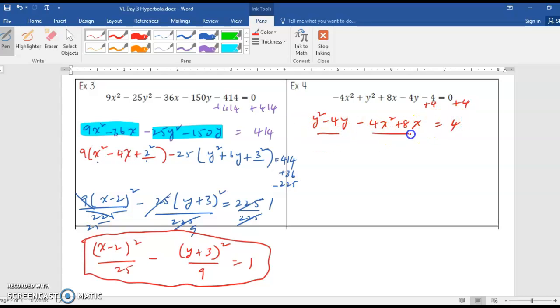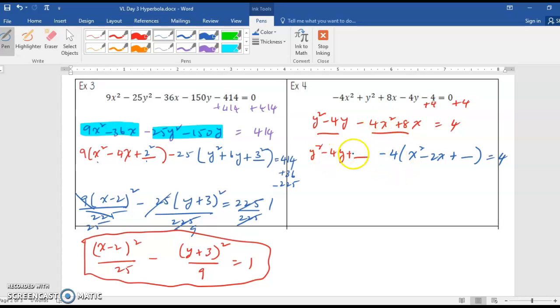Okay, we have now two groups. In the first group, there is nothing much to pull out because it's already 1 as a coefficient. So put the blank here straight out, and the negative comes here. So this is negative 4 times x squared minus 2x plus blank equals 4, because I have to pull out the 4 on the x squared.